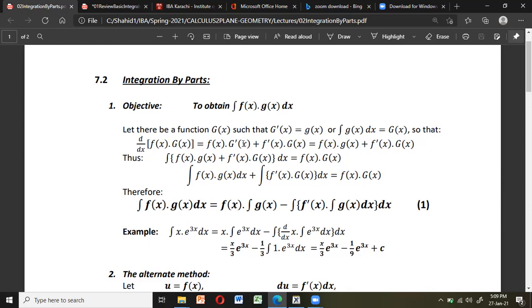That means capital G prime is replaced by small g. F prime x into capital G will be dealt with later. And then we rearrange this equation. We take the integral of the right-hand side.